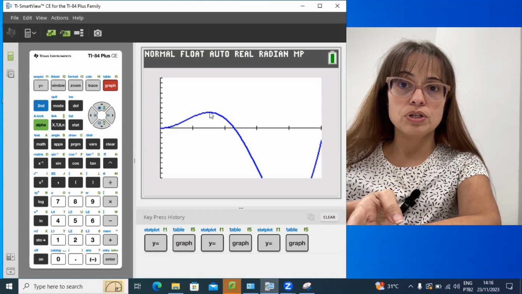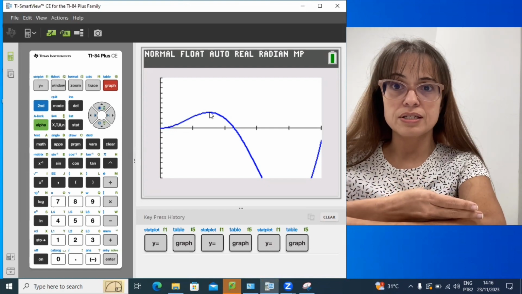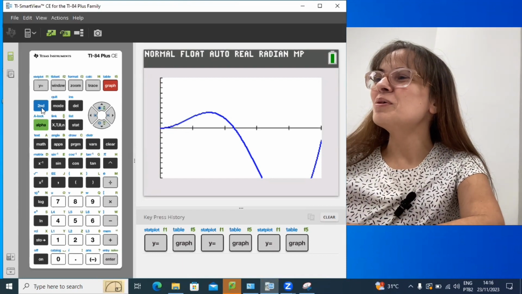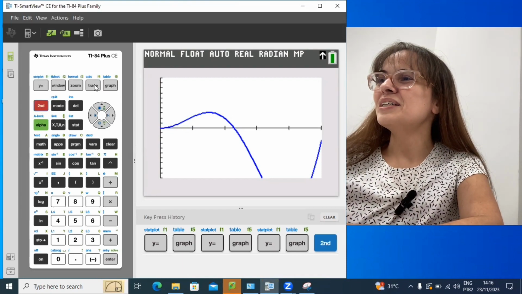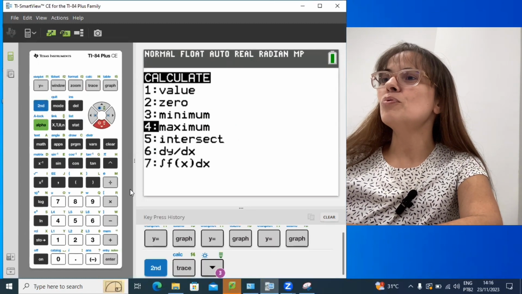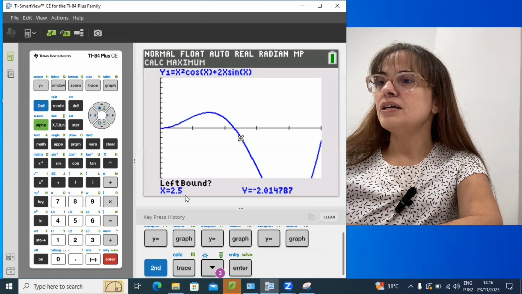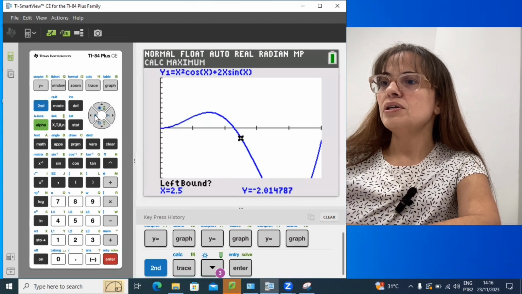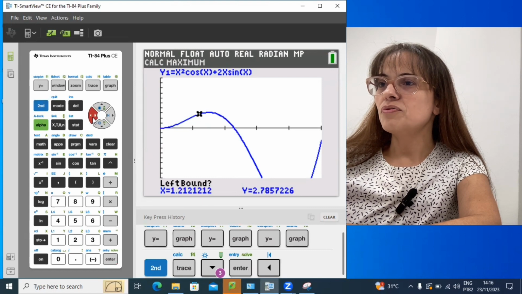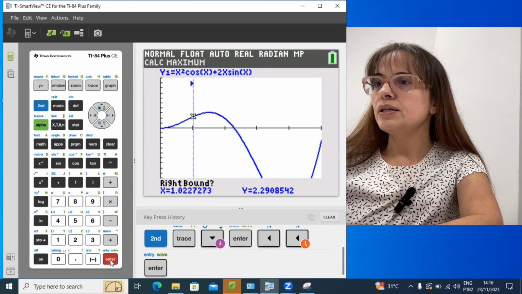So the first thing that we can do is to figure out what the moment is, like how many seconds. This is not the trick I want to show you, by the way. This is more basic, but let's do it. You go into the second calc menu, ask it to find the maximum point of the function, and then it asks you for the left bound. So you go to the left of the maximum point that you want, click enter.